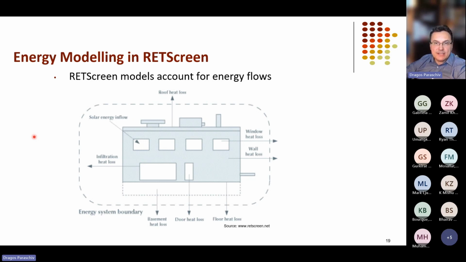One of the most sophisticated models in RETScreen is the building envelope, and that's what this chart shows here. It shows that in RETScreen we are calculating all these flows of energy, transfers of energy throughout the building envelope.